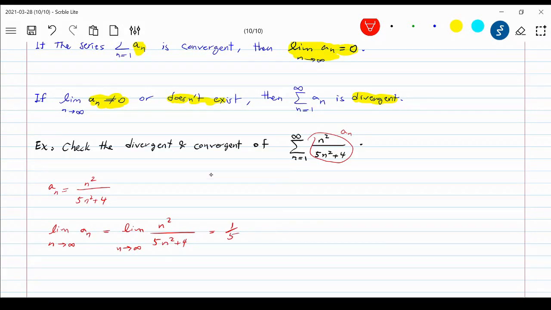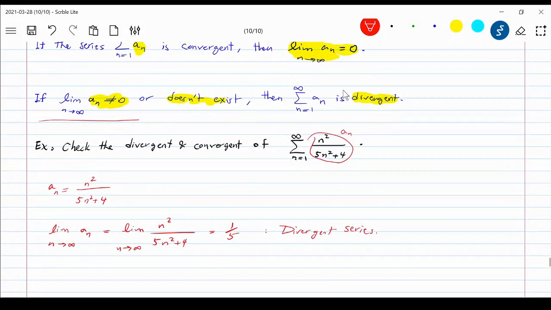That means this sequence, let me write a couple of terms of the sequence. So here, just from that theorem, that if the limit of the an's is not 0, then I can say I have a divergent series. I don't have a divergent sequence, I have a divergent series. That means the summation is divergent. It's not that the sequence is divergent.